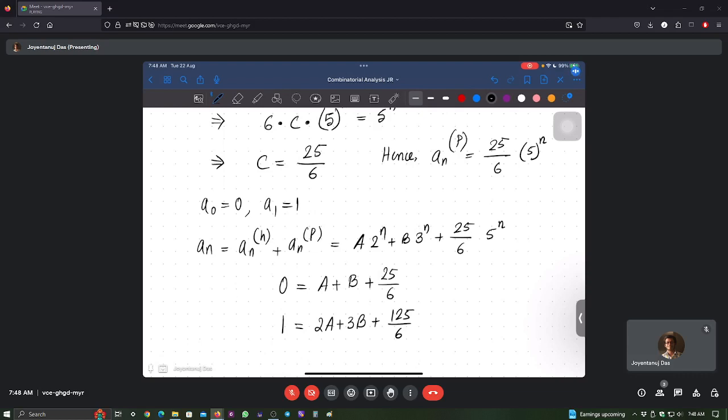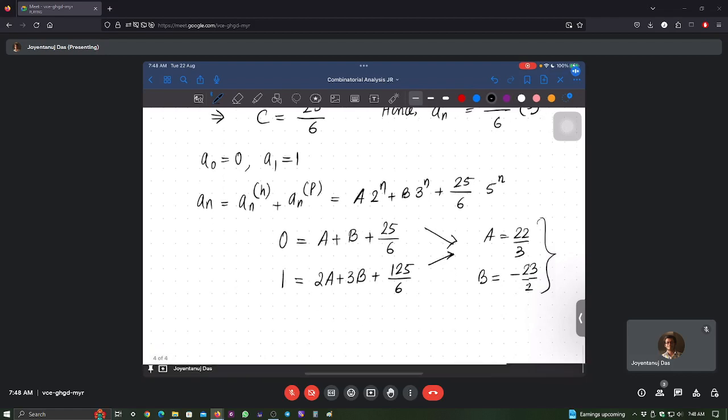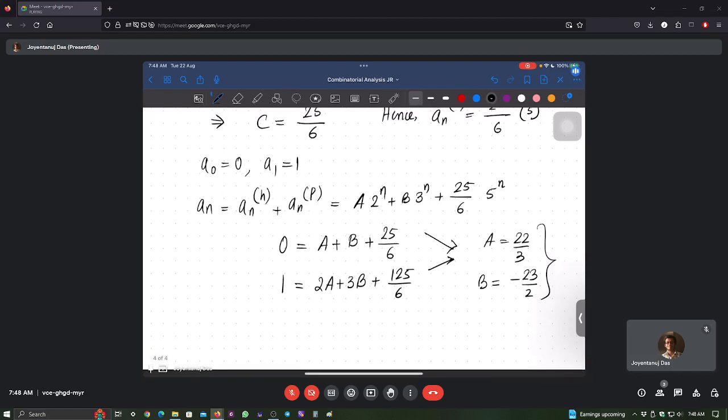This part you can leave and do later. I'll write the solution from the book: 2 power n has coefficient 22 by 3, so a is 22 by 3, and 3 power n has minus 23 by 2. So this way we can solve it.